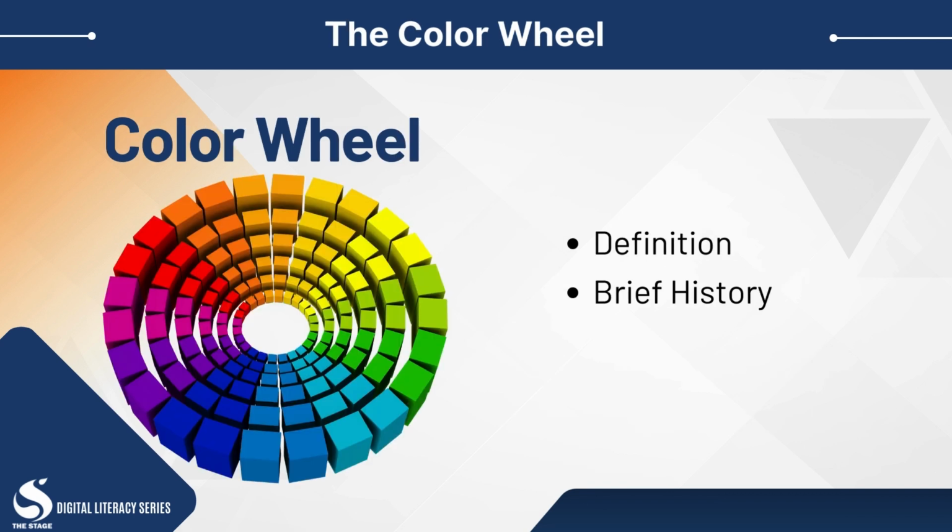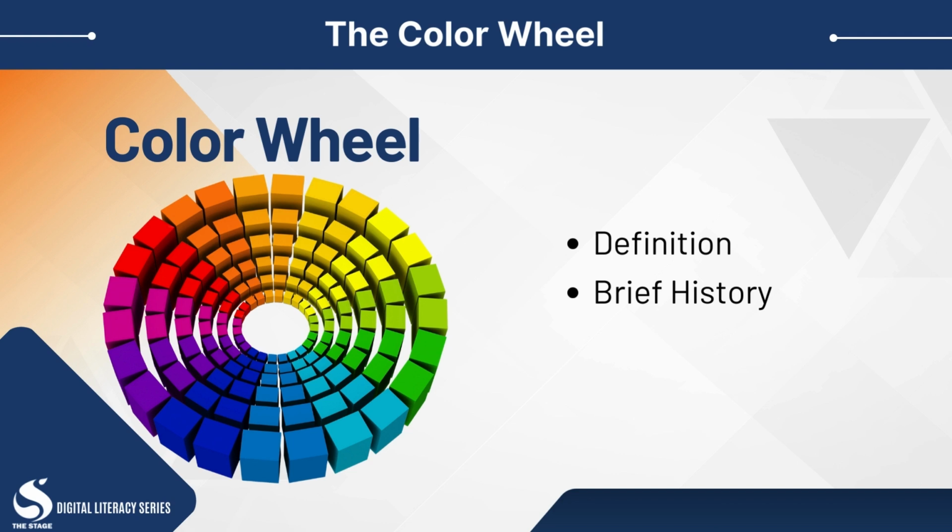Number one, we have our color wheel. Now, the color wheel is a visual representation of colors arranged according to their chromatic relationship. It dates back to Sir Isaac Newton's experiments back in 1666 when he was dealing with prisms.